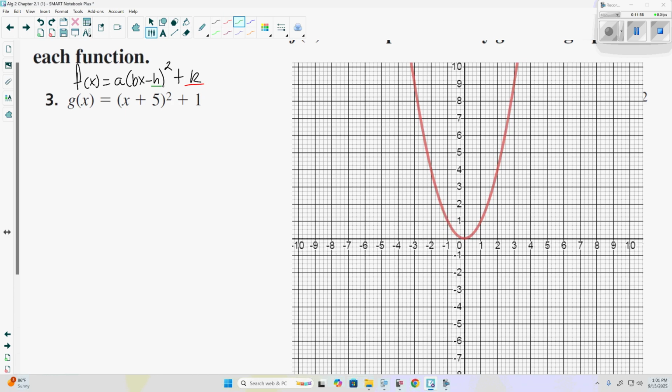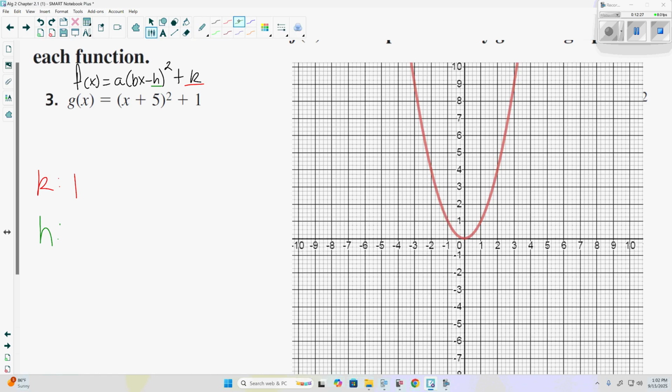Well, just like the last one, we only really have values in place of h and k, yes? Now, k's value is 1, and it would specifically be +1. Or h, sorry, I haven't flipped. H would be -5, yes.